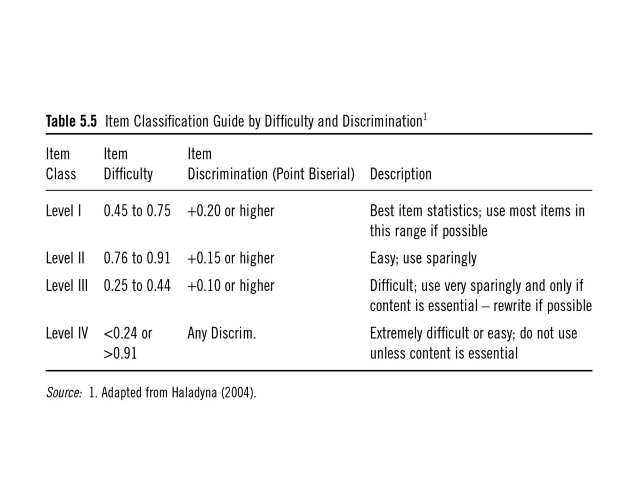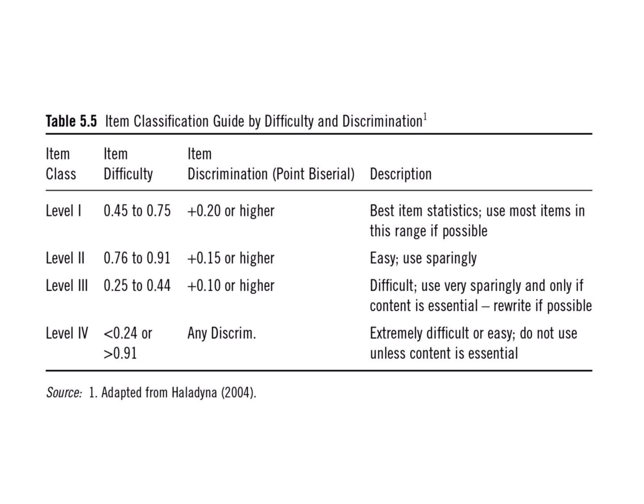These are considered the best item statistics, and they should be used mostly in this range. Level 2 ranges from 0.7 to 0.9, meaning that around 70% to 90% of the individuals have answered that item correctly, with an item discrimination of 0.15. These items are easy and should be used sparingly.